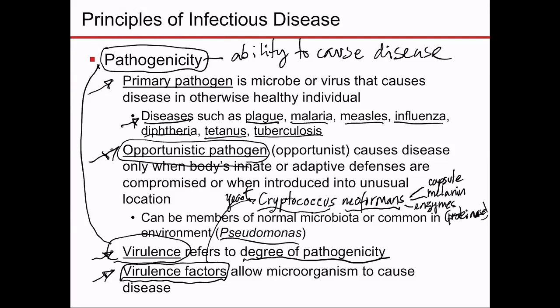So to understand virulence better, what we are saying here is that if you have a strain of Cryptococcus neoformans that brings maybe only one of them versus another one that brings many of these factors, the one that brings more virulence factors could in the end be more virulent, could produce a more severe disease.